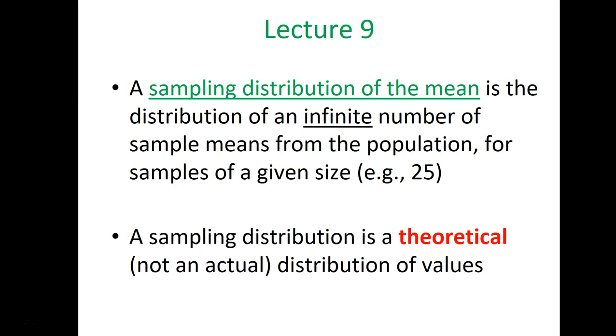And so I choose 25 kids from a class, I compute their IQ, I take the average, I write it down, I throw those kids back in their school, I take another 25 kids, I compute their mean IQ, write that down, throw them back. Another 25 kids, compute their mean IQ, write it down. And I do this a billion times until I've got a billion average IQs for my various samples of 25.